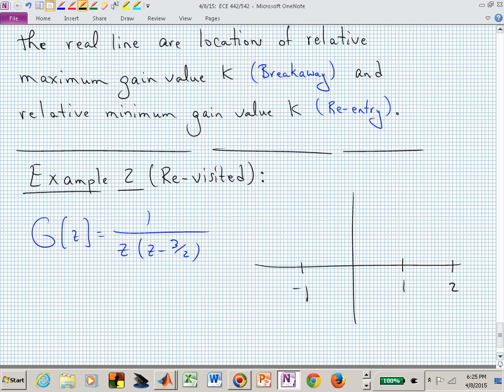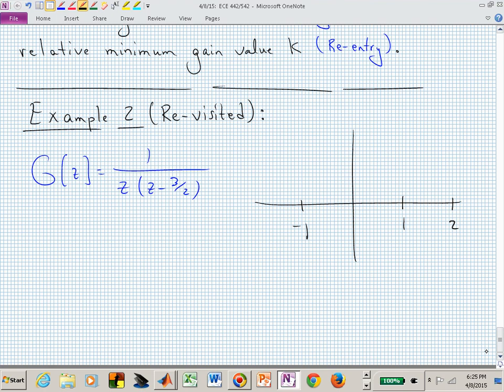What's the first thing that you probably want to ask when you're sketching this root locus? I might ask the number of root locus branches.